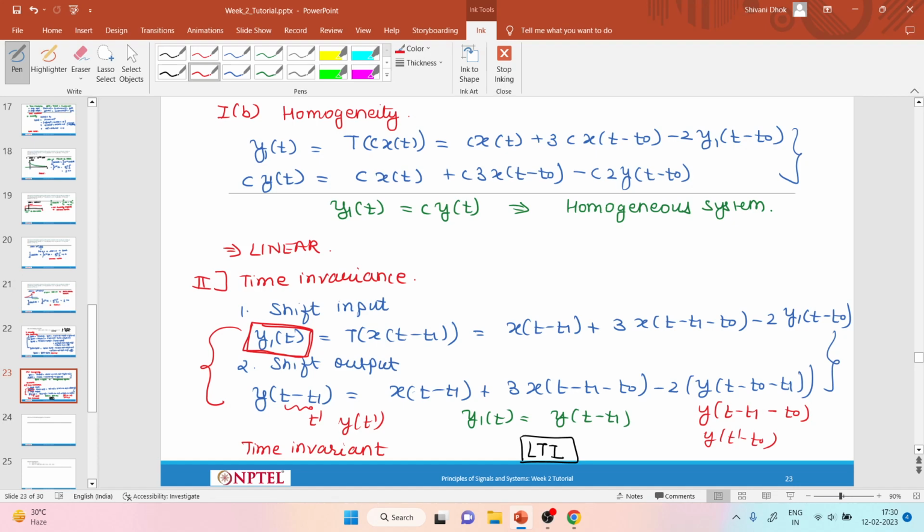So for that I should have some variable y1 of t, and then I'm trying to analyze what is happening when I'm shifting directly the output, and then analyze if these two are comparable or if these two lead to the same things. Is it okay?